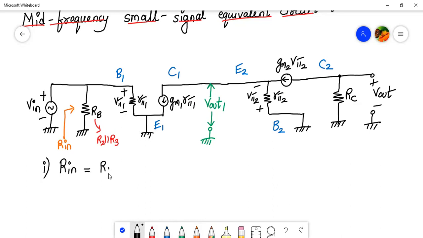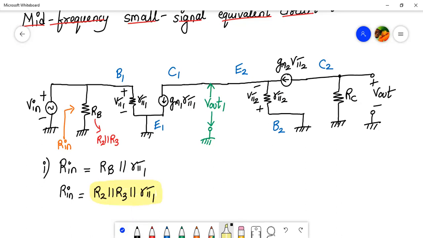We have R in equal to RB parallel to R pi 1. If you want to write it in more detail, it will be R2 parallel to R3 parallel to R pi 1. So that's the expression for R in, the input resistance.